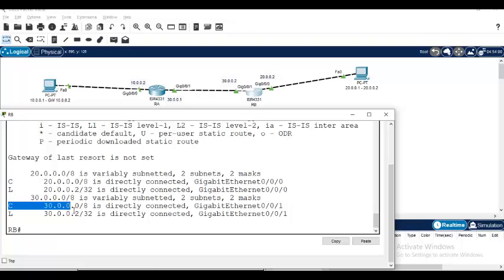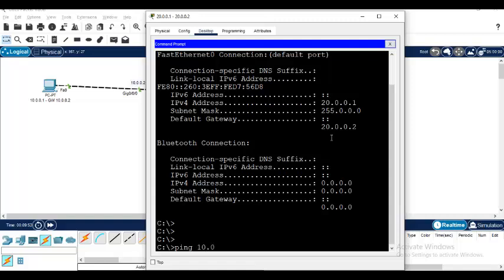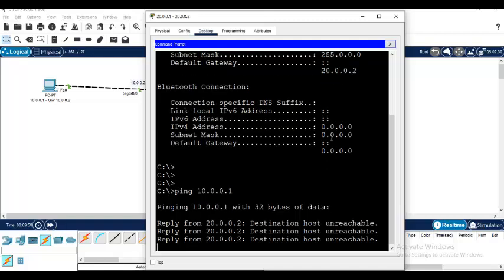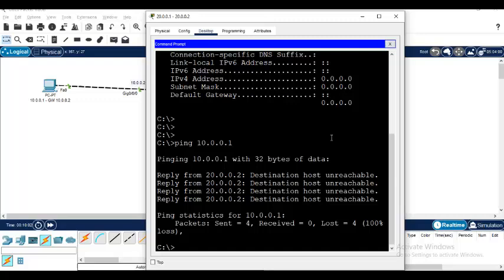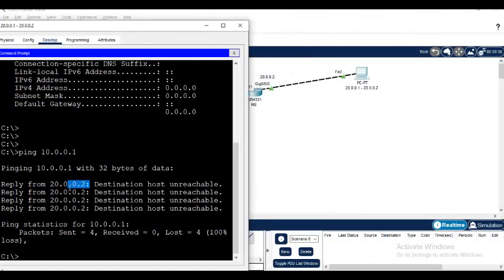So when you ping from this PC to 10.0.0.1, you again get destination host unreachable by the second router, 20.0.0.2. Who is 20.0.0.2? It is the second router responding. Router B is responding to the computer on the right. Destination host unreachable. So you will get this destination host unreachable if your router doesn't have a route.